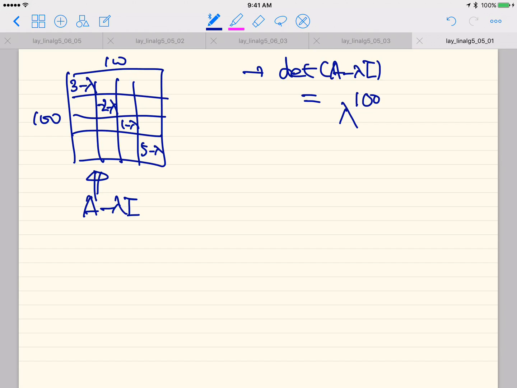The off diagonal part doesn't involve lambda at all. Let's just give some random constant values like 1, 2, 3, 4, 5, 4, 1, 0, minus 1, 1, minus 2, 1, 0.